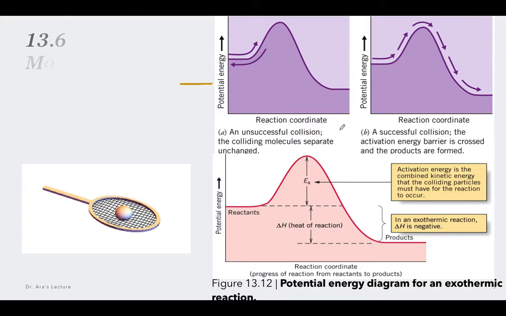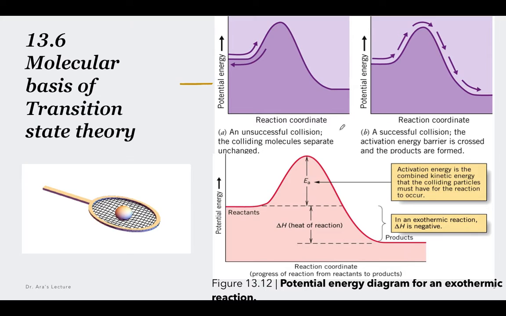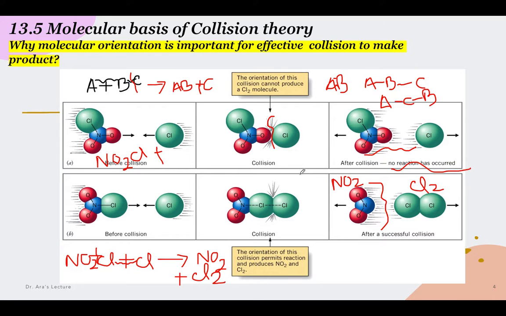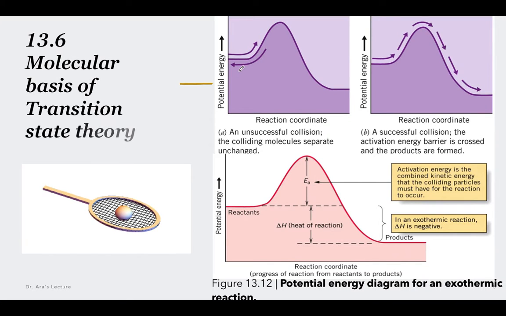We also need the proper orientation. If the orientation is not proper, that means an unsuccessful collision. You can see here that this is the unsuccessful collision and here is the successful collision.